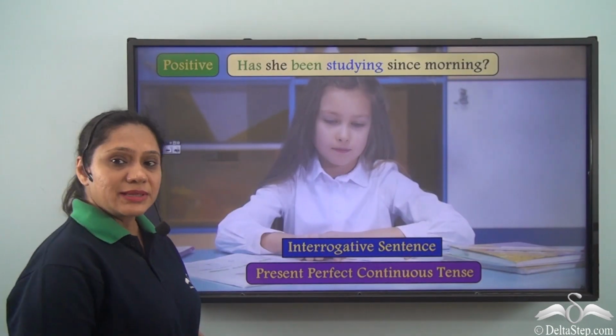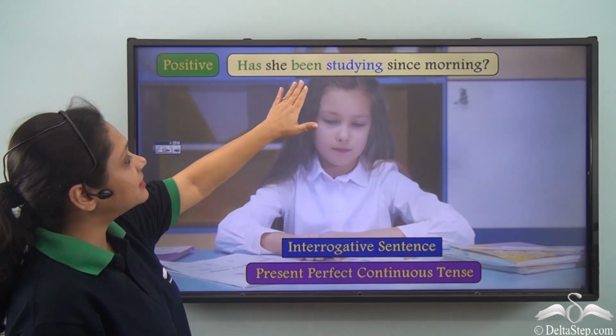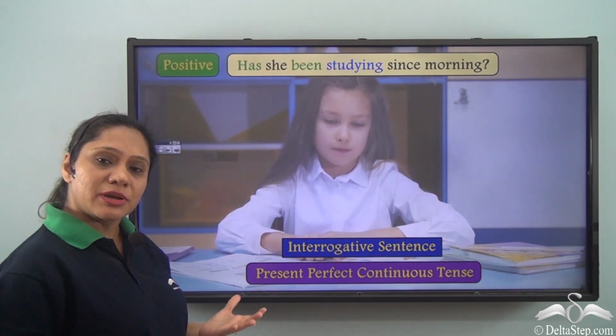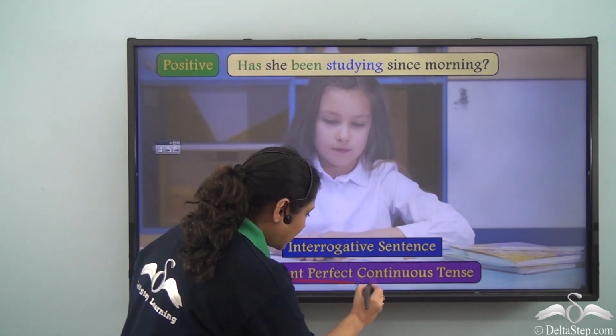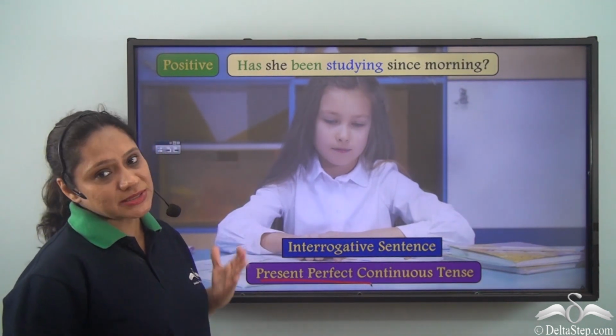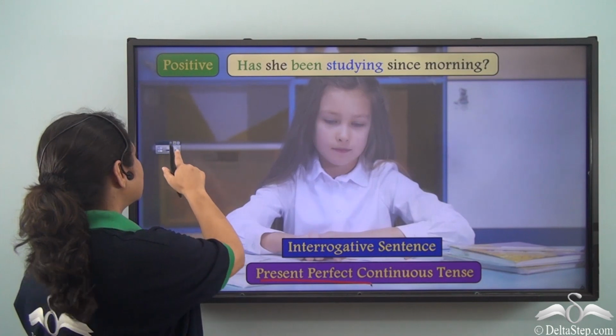Now let us read this sentence. Has she been studying since morning? Now we know that this is an interrogative sentence portraying the present perfect continuous tense, but this is a positive interrogative sentence.